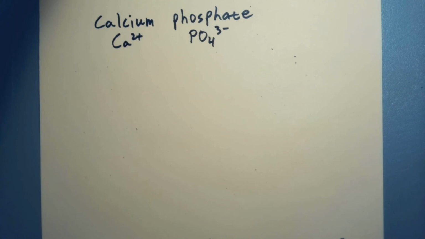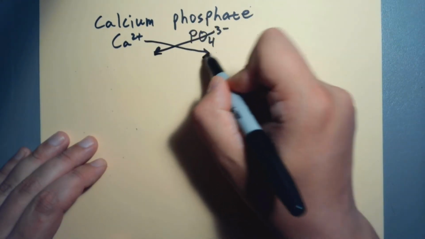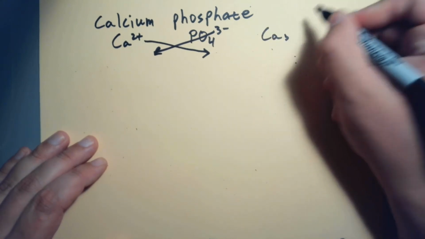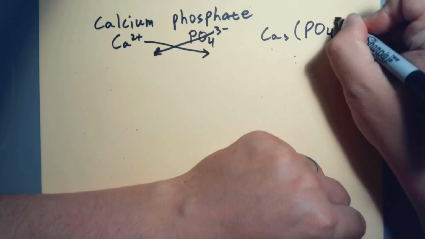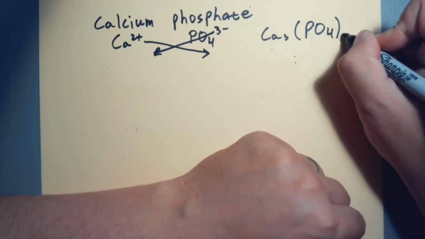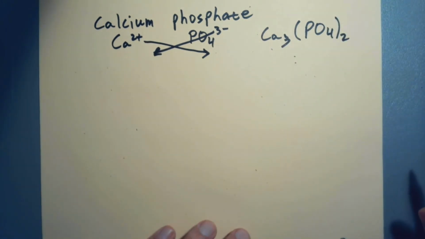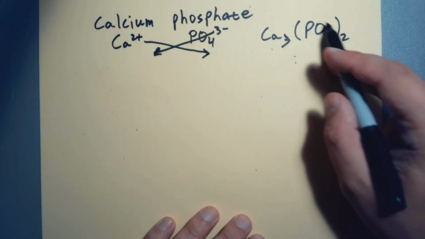What do we do now? That's right, same thing we've been doing the whole time. Doesn't change. Ca3. Now here's the trick. I have to put this PO4 in parentheses and then say there's 2 of them. So Ca3(PO4)2, and this is saying that there are 2 PO4s.